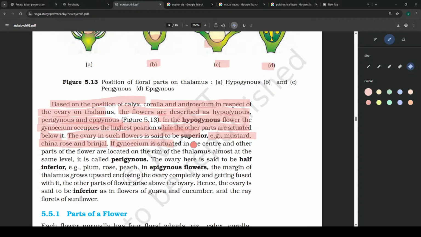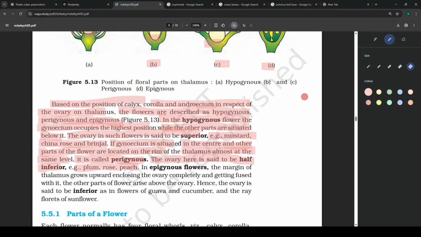If the gynoecium is situated at the center and other parts of the flower are located on the rim of the thalamus, almost at the same level, it is called perigynous. The ovary here is said to be half inferior. Examples: plum, peach, rose.